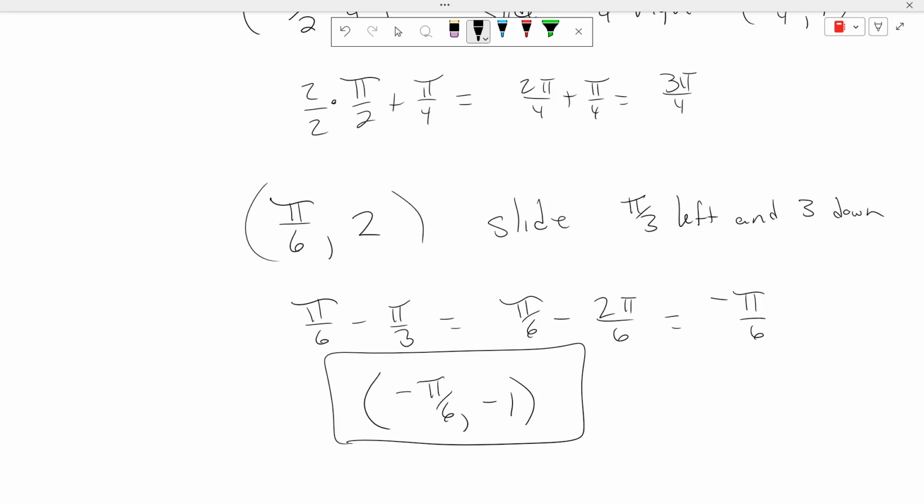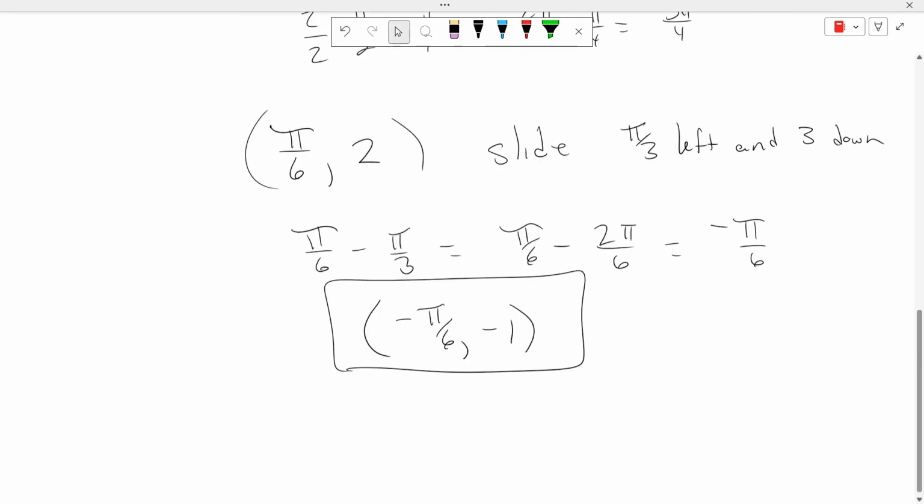Okay. So we're going to be doing some transforming of points. And then when we get to the second half of today, then we'll start doing some transforming of graphs. But we're just going to play with points in the first half.